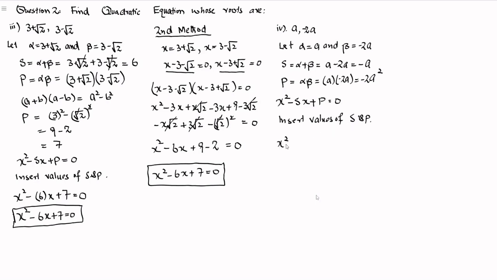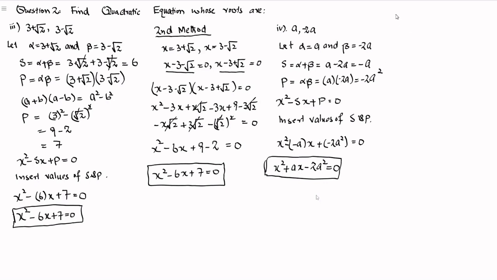So we have x square, and the value of s is minus a, and the value of p is minus 2a square, is equal to 0. So minus multiplied with minus is plus, so we have ax, and plus multiplied with minus is minus 2a square is equal to 0. So this is the required quadratic equation for which the roots are a and minus 2a.